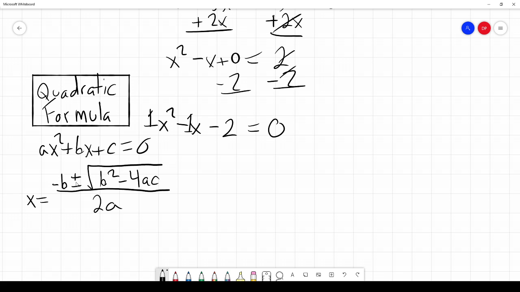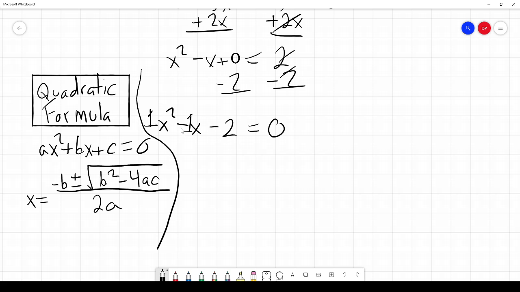There's a plus or minus, which means you will likely have 2 answers, unless this ends up being a 0, in which case you'll only have 1. Sometimes you might end up having imaginary answers. Anyway, I don't want to spend too much time on that, but you might have to use that on some of these problems. In this case, this factors pretty easily.